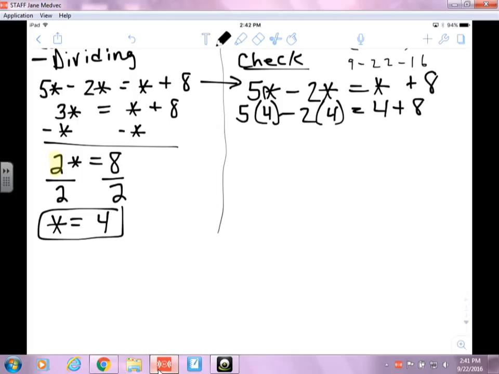Okay, now what am I going to do? I'm going to multiply. So 5 times 4 is 20. Now if you want to, you can go ahead and multiply 2 times 4 also. And then of course 4 plus 8 is on the other side of the equation. Okay, so 20 minus 8 is 12. 12 equals 12, and it's a check.